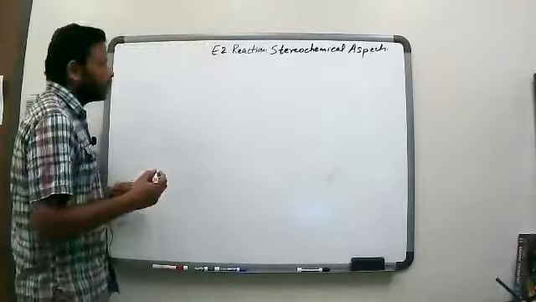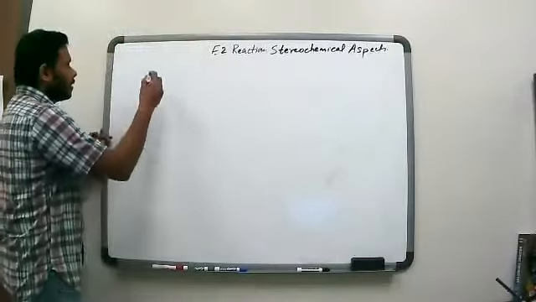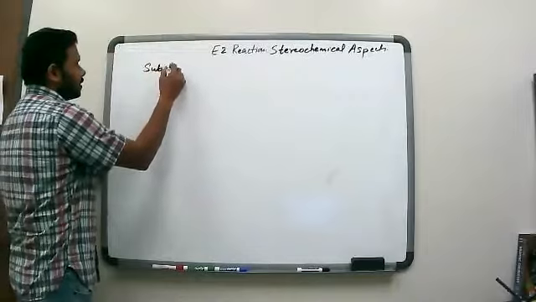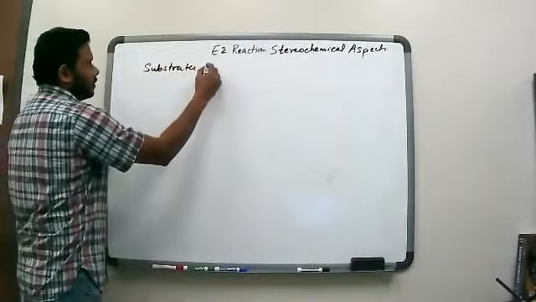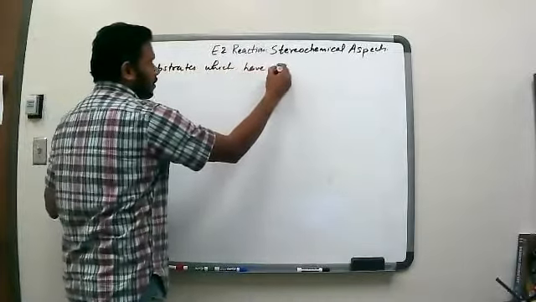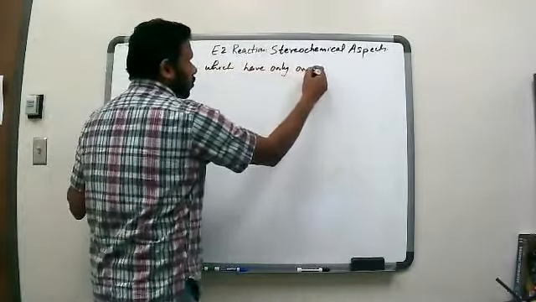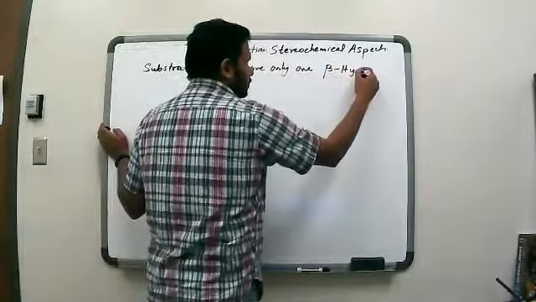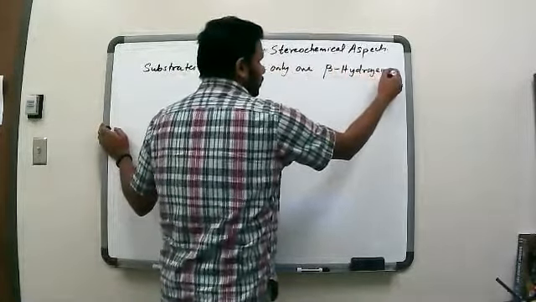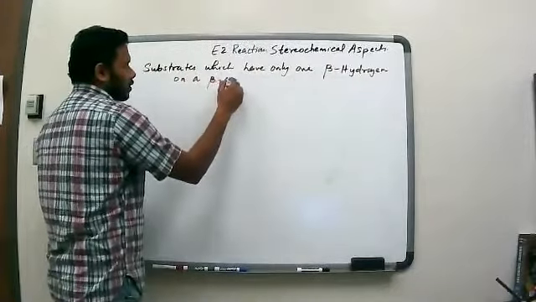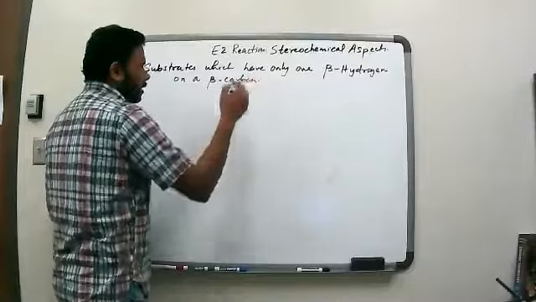Okay, what we're going to do here is we're going to look at substrates which have only one beta hydrogen on a beta carbon.